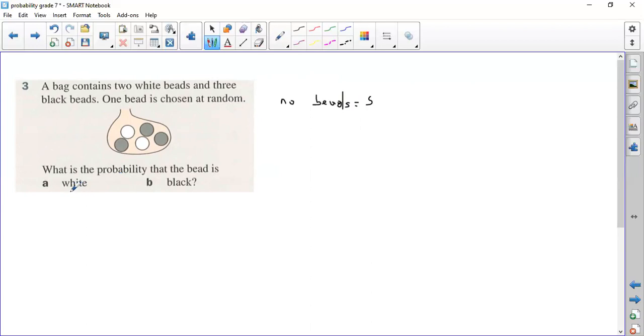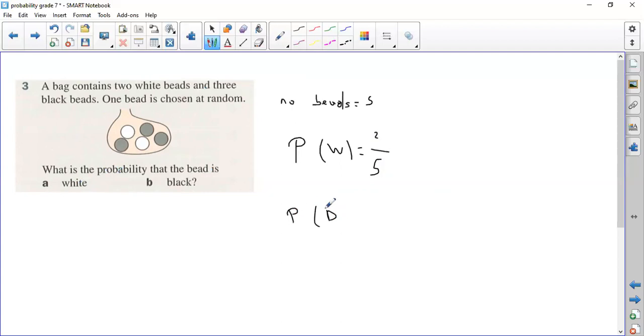So to find the probability for white, the probability of white will be the ratio formed from the number of white beads, which are 2, over the total, which is 5. So it will be 2/5. And now let's find the probability for having black.